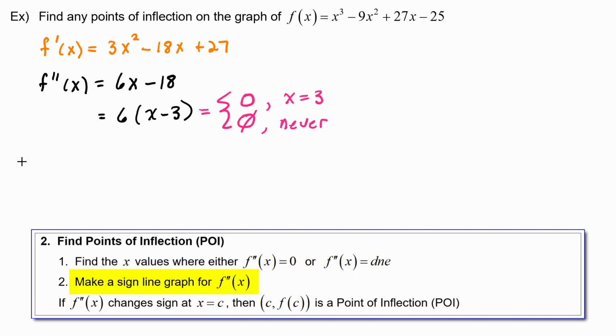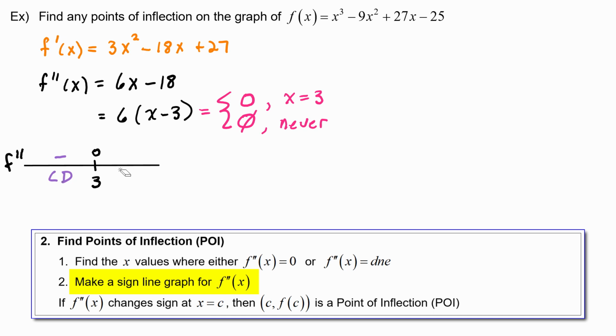So now we will make our sign line graph. We put on x equals 3, and we know the second derivative is equal to 0 there, and we need to plug in test points. If we were to pick a test point of 2 in this region, we can see it's going to make the second derivative negative, which means the graph is concave down.